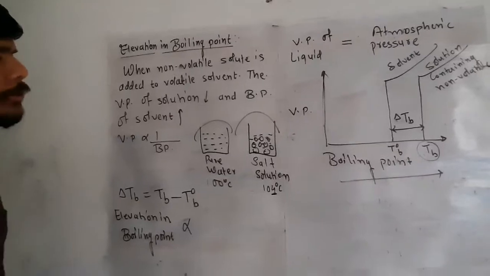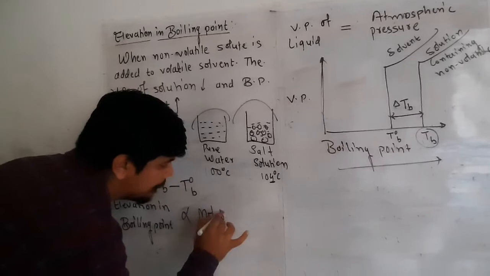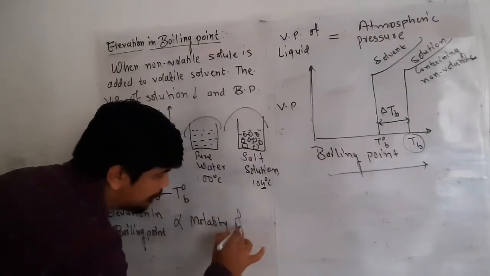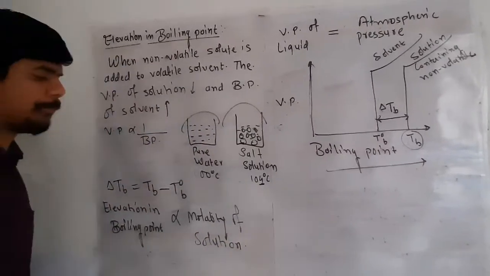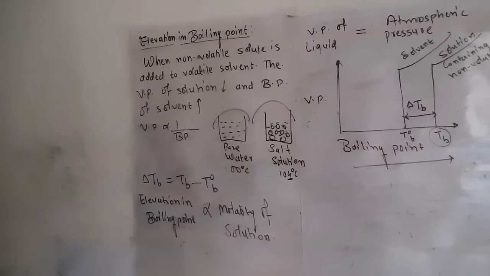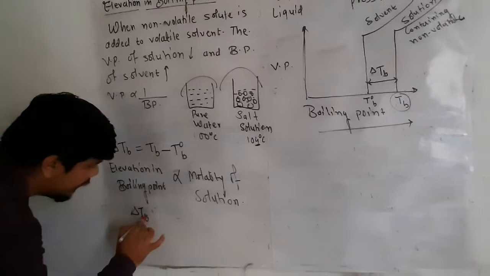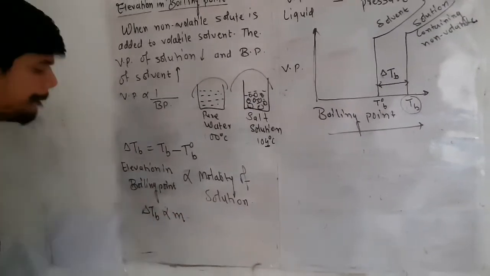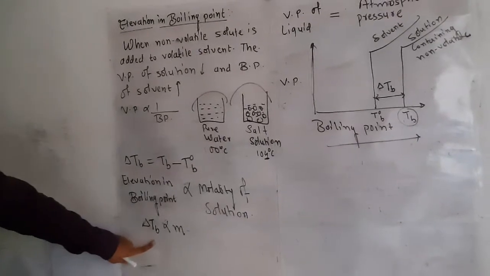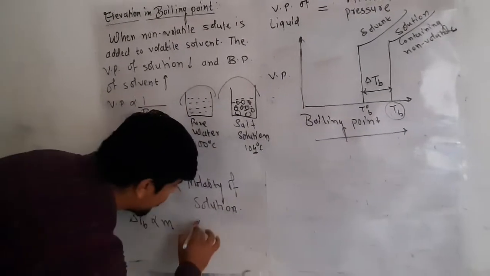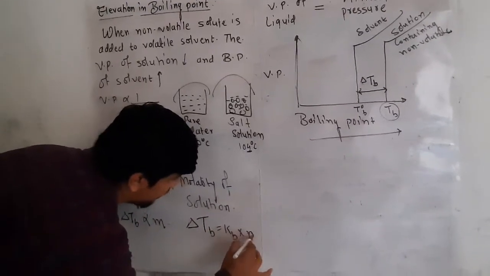Now understand that the elevation in boiling point is directly proportional to the molality of the solution. So I can write delta TB is directly proportional to m. If I remove the proportionality sign, the formula is delta TB equals KB into m.